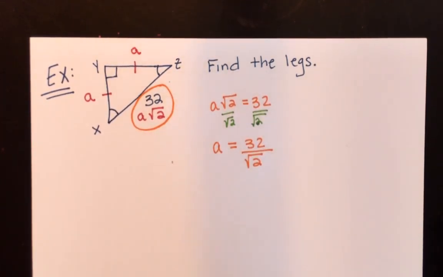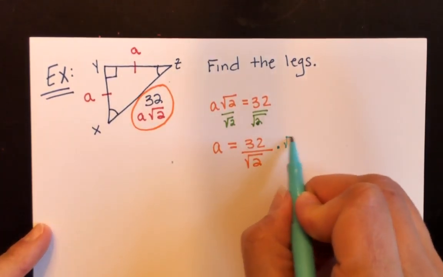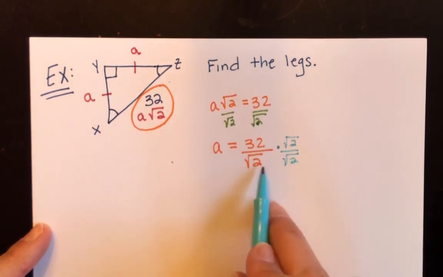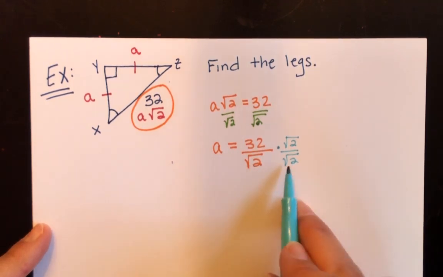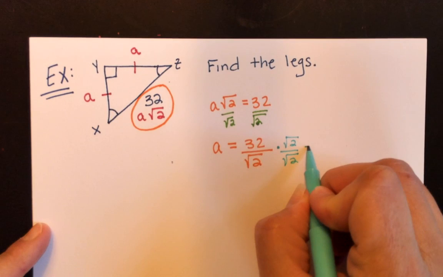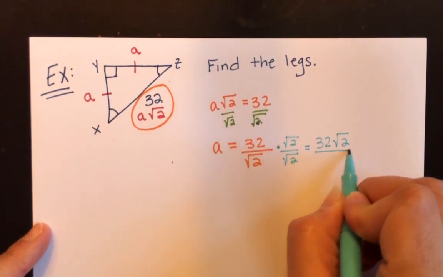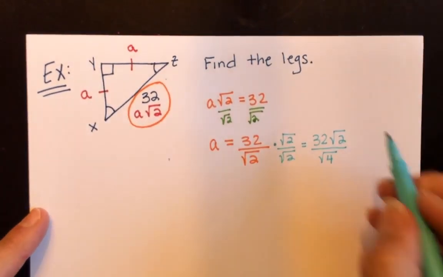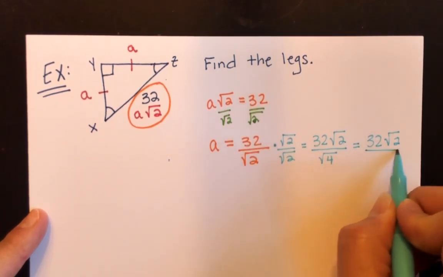I cannot leave it that way, so I need to make sure that I rationalize, and the closest perfect square is going to be 4, which ends up being this times itself. So this turns into 32 radical 2 over the square root of 4, which is 32 radical 2 over 2.